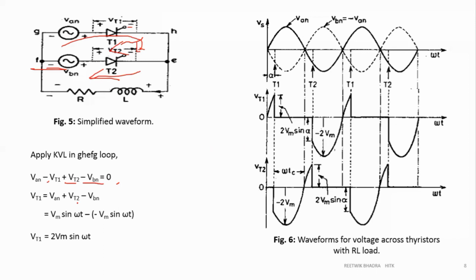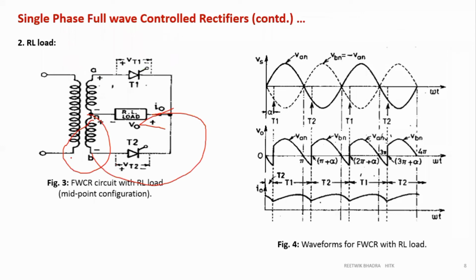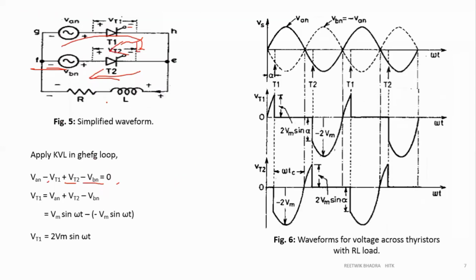So when will we get VT1? Whenever it is off, because if this switch is off, then only will I get a potential difference across these two points. If it is on, it will be short circuited, so it is 0. So whenever T1 is off, I get a value of VT1, and at that time T2 is on, so VT2 is 0.